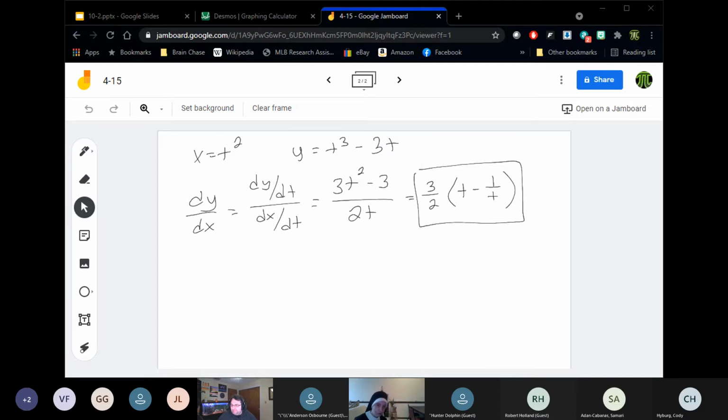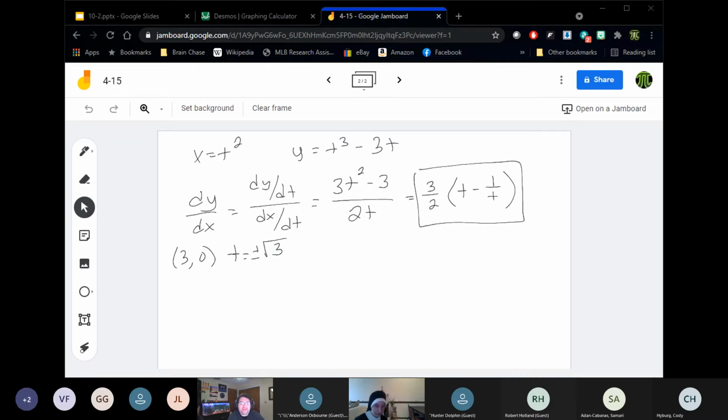What does the derivative give us? Would it be the slope? Yes, derivatives are slope. So that is going to be the slope of my parametric equation at any given point. But I was looking at a very specific point, (3, 0), where my t value was plus or minus the square root of 3.